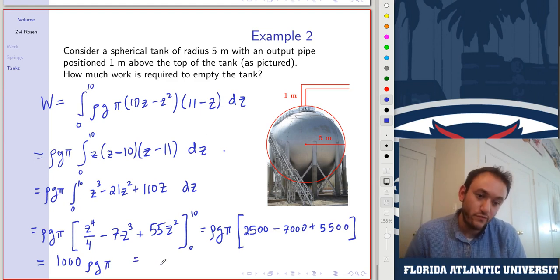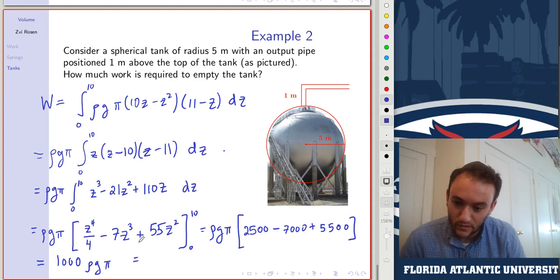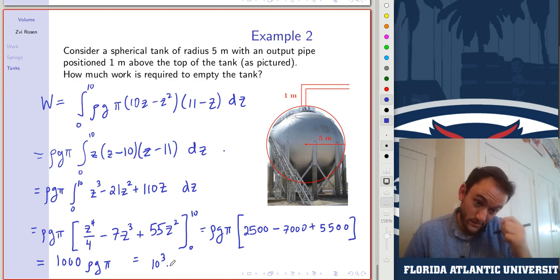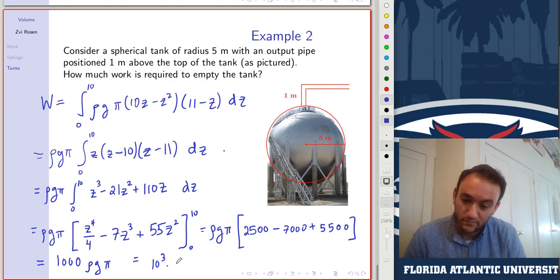If you want to get that in units, everything was in the metric system, so we'll end up with joules. We have 10 cubed, that's the 1,000, times the density of water, rho, which is 1,000 kilograms per meter cubed, so that's another 10 cubed, times 9.8 meters per second squared, and again we're leaving out units, times pi, in units of joules.